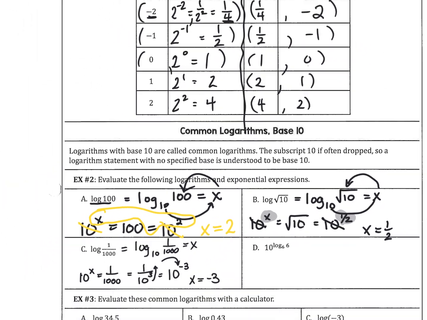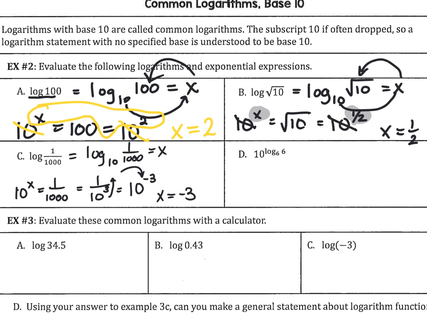Now, this last one is weird because it doesn't match, does it? But this is where we need to go back to those rules. What were our rules that we had? What did log base b of b equal? Look right here. This is log base b of b. Look on the previous page. What does log base b of b equal? And then the 6 comes out. No, because those don't match. This is the case where those don't match.